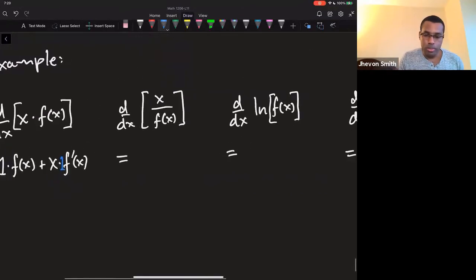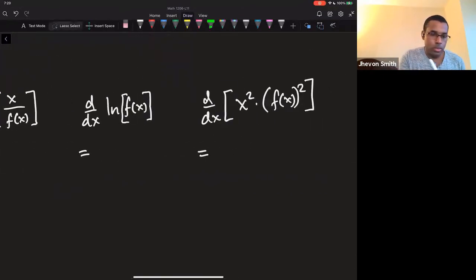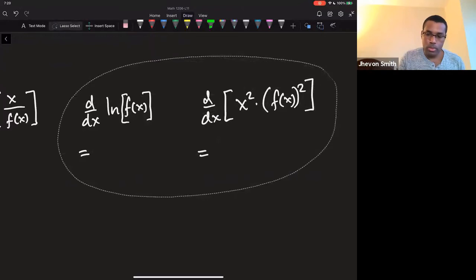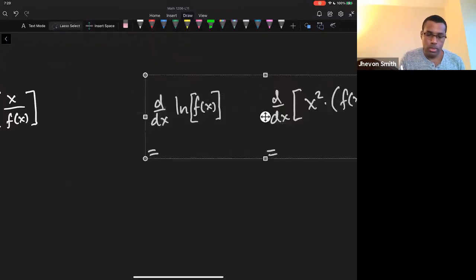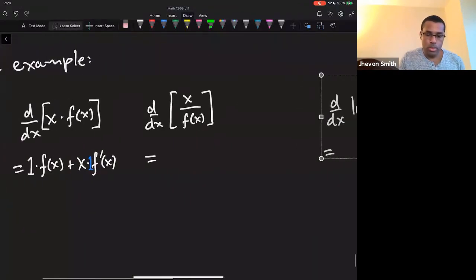What about this one here? We might need some space. Now this one is a division, which we have the quotient rule for. So you can apply the quotient rule.